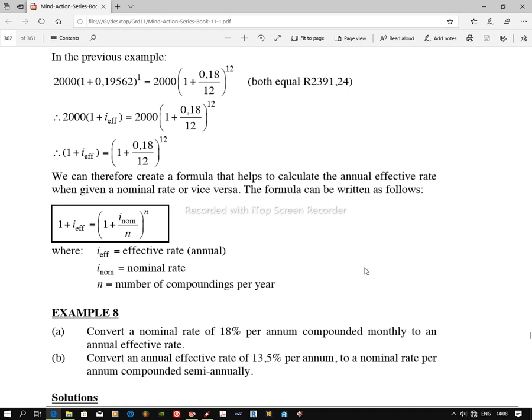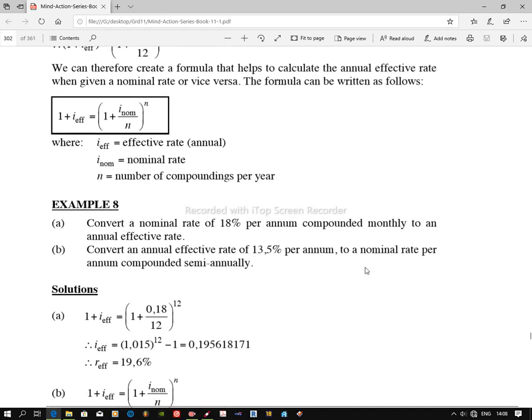Okay, let me just take one basic example here. They say convert a nominal rate of 18% per annum compounded monthly to an effective rate.